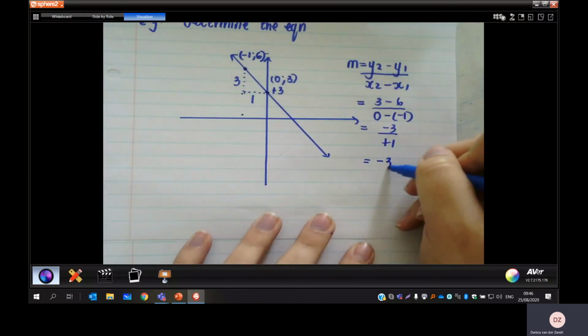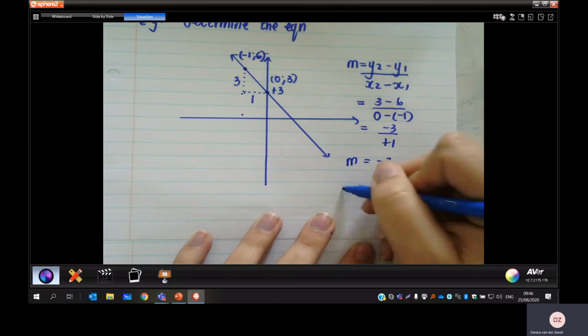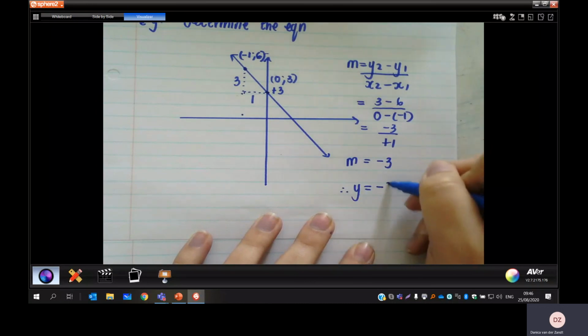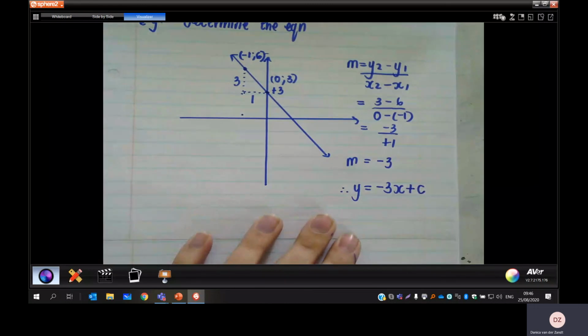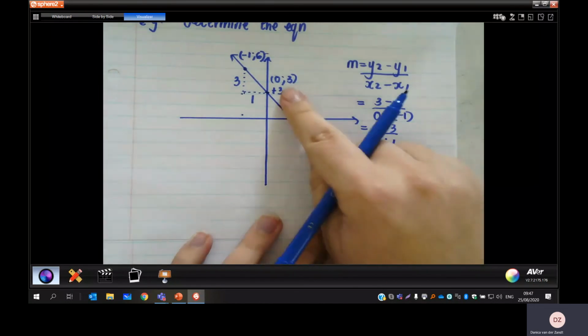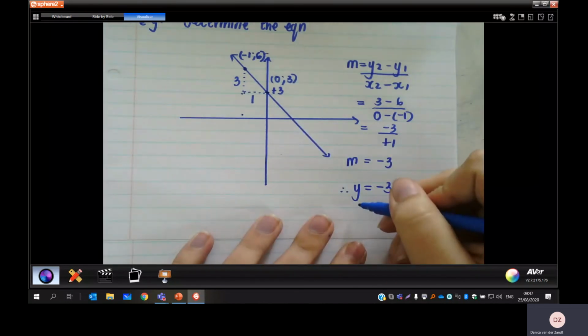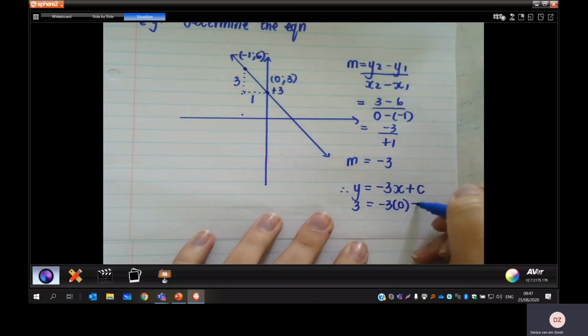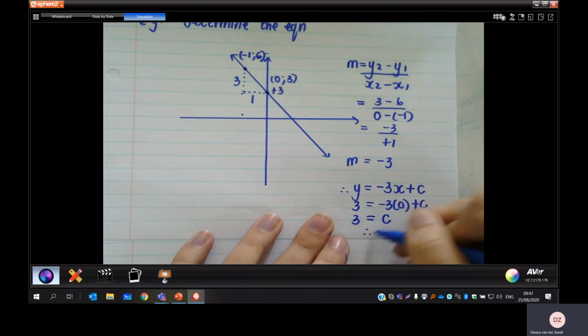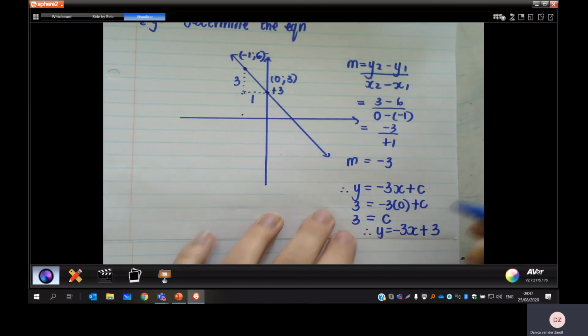So my gradient is negative 3. I can use any coordinate, but I promise you a coordinate that has 0 is always quicker. So I'm going to take the coordinate that has 0 in it, 3 for y, 0 for x. C is just equal to 3, therefore y equals negative 3x plus 3.